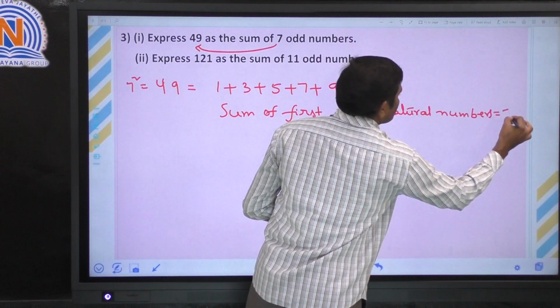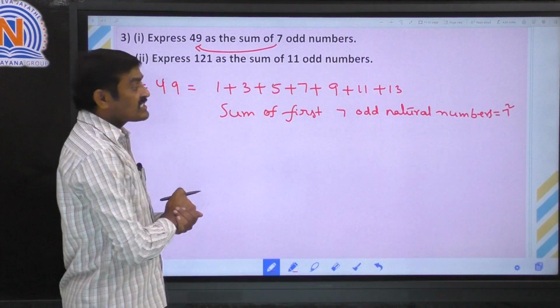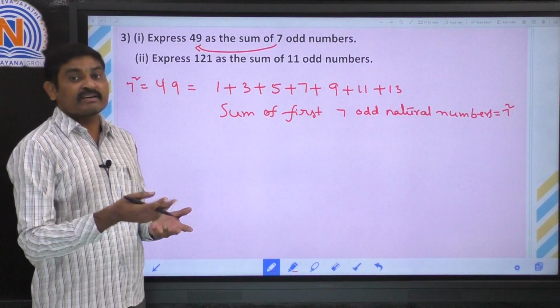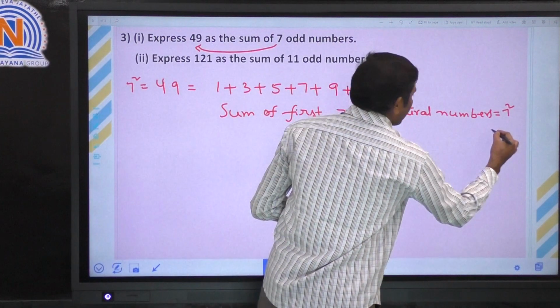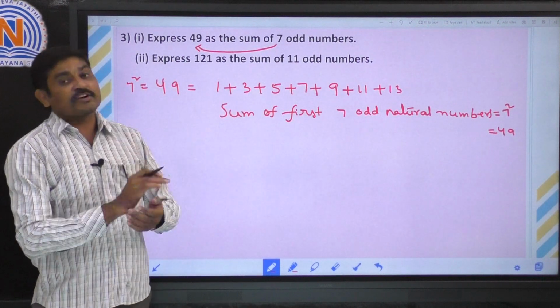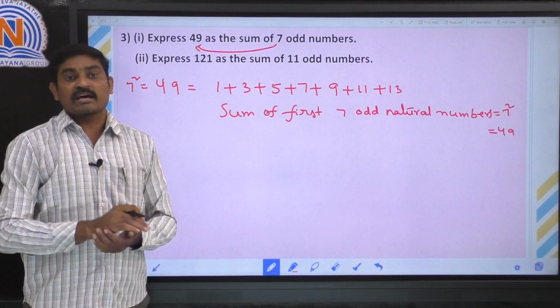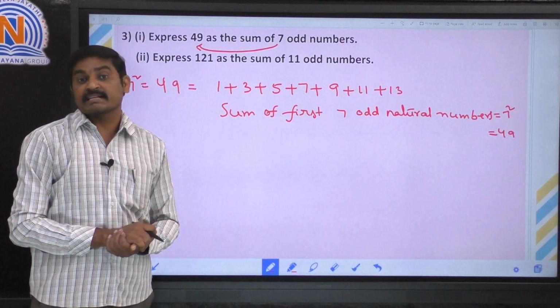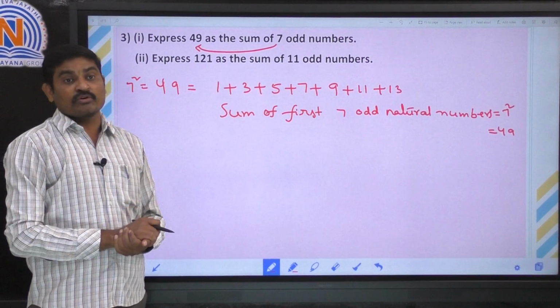Sum of first 7 odd natural numbers is equal to 7 square. That's why we'll get 49. So 49 can be expressed as the sum of first 7 odd natural numbers. Those are 1 plus 3 plus 5 plus 7 plus 9 plus 11 plus 13 only.